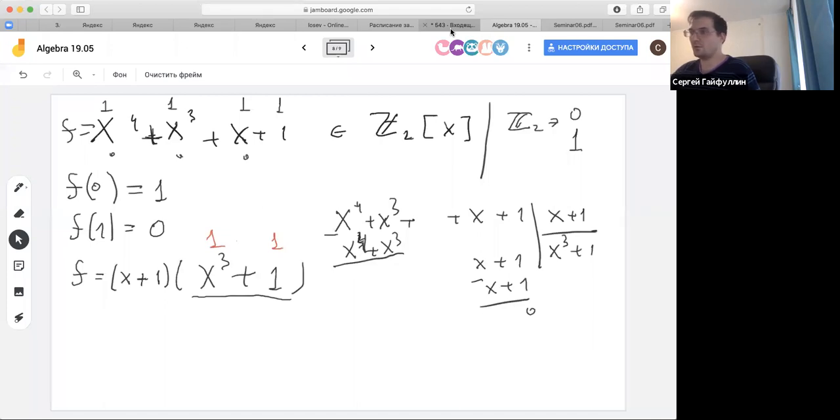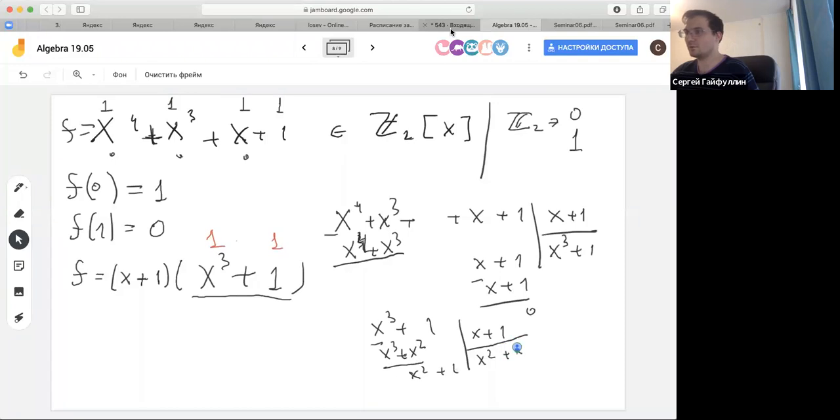Okay, now we divide x cubed plus 1 by x plus 1. We have x squared. Here is x cubed plus x squared. There is no minus because we are in Z2, plus 1. Here is plus x.